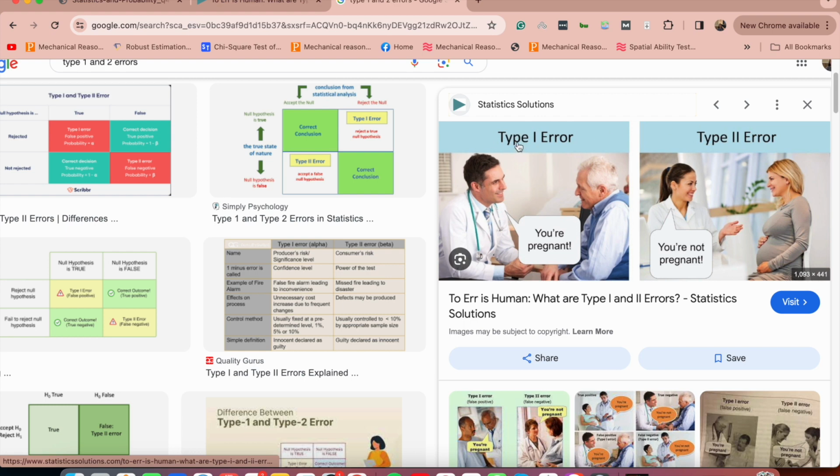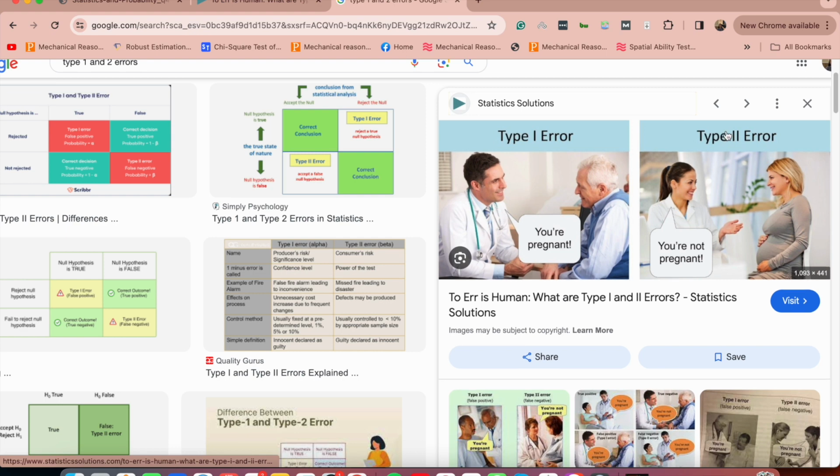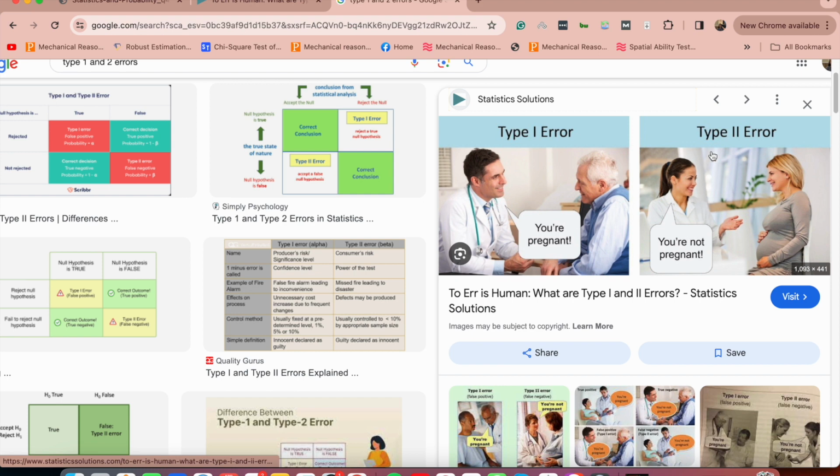Type 1 error is when you reject the null when it's true. Type 2 error is when you accept the null when it is false.